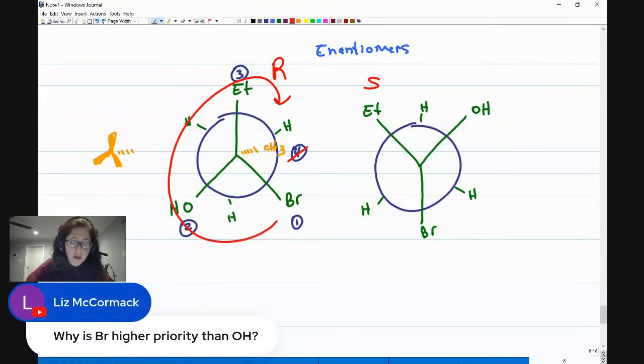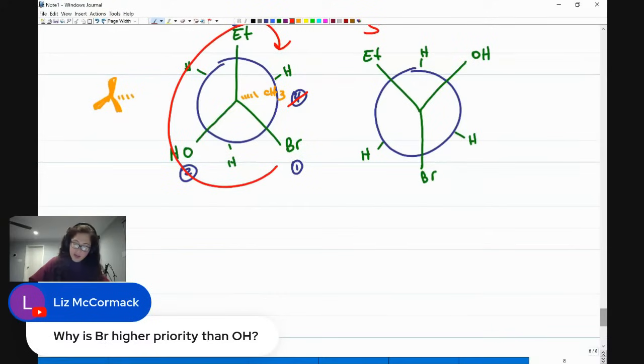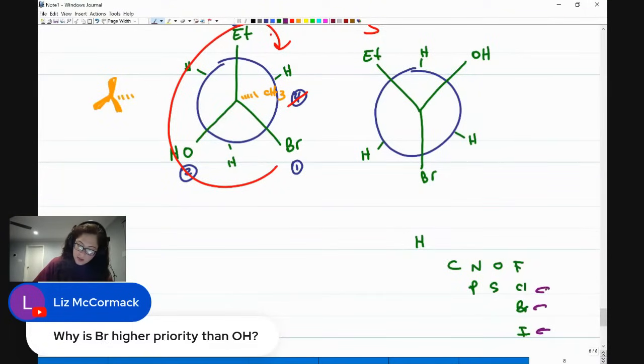Question, why is Br higher priority than OH? We're looking at the atomic number. So the higher the atomic number, the higher the priority. And the atoms that I have you memorize, I'll just draw them out here again. You have H, C, N, O, F, halogen, Cl, Br, I, sulfur, phosphorus. So your priorities are iodine, bromine, chlorine. These are arrows.